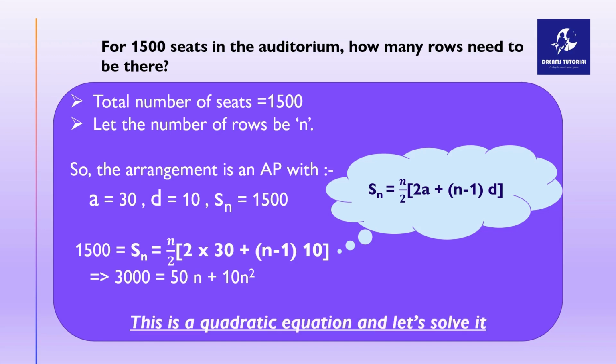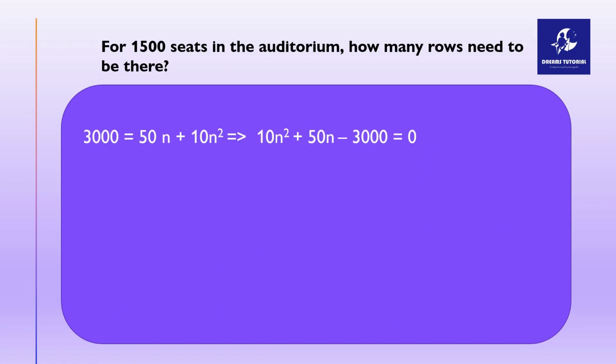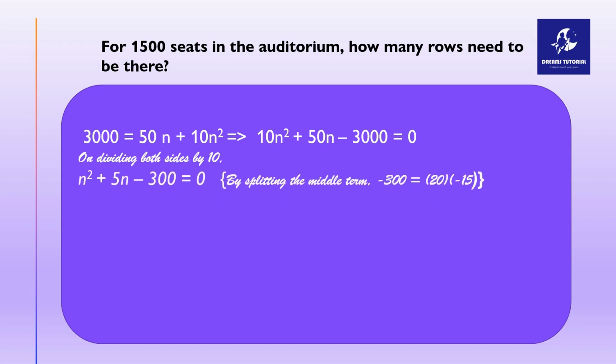So we got the quadratic equation 3000 is equal to 50n plus 10n square, and shifting everything to the left hand side and writing in the standard form, this quadratic equation is 10n square plus 50n minus 3000. Divide every term in this equation by 10 and n square plus 5n minus 300 is equal to 0.